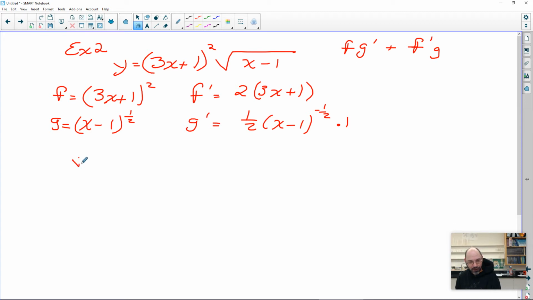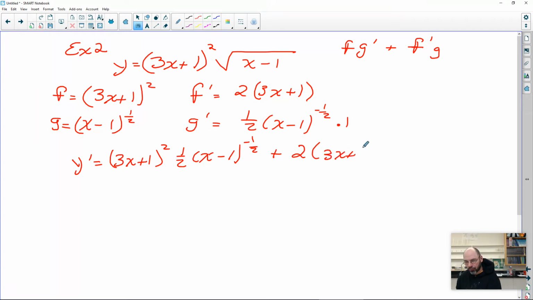We did apply the chain rule already. y prime would then equal (3x plus 1) squared, that's our f. g prime is 1/2 (x minus 1) to the negative 1/2, and this is just times 1, so it doesn't change anything, plus f prime, 2 times (3x plus 1) times (x minus 1) to the 1/2.